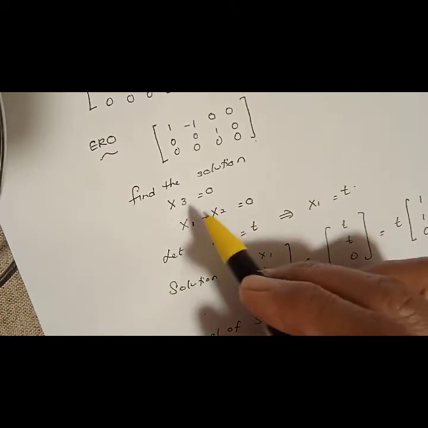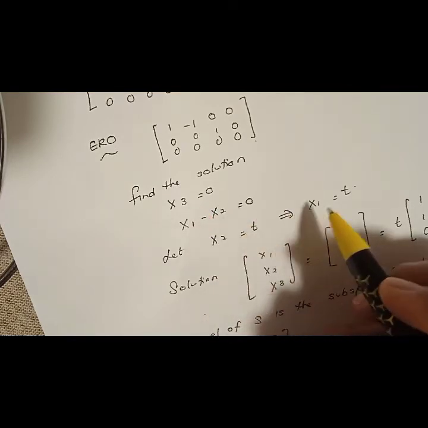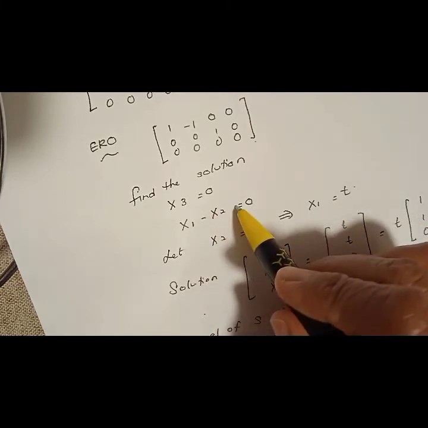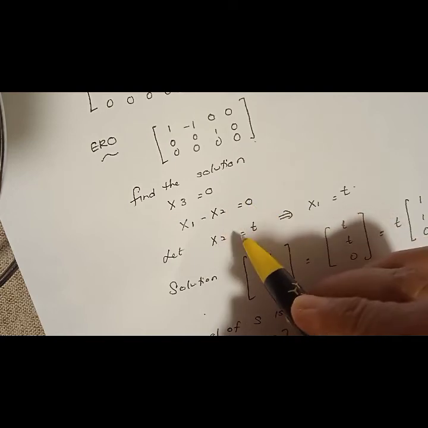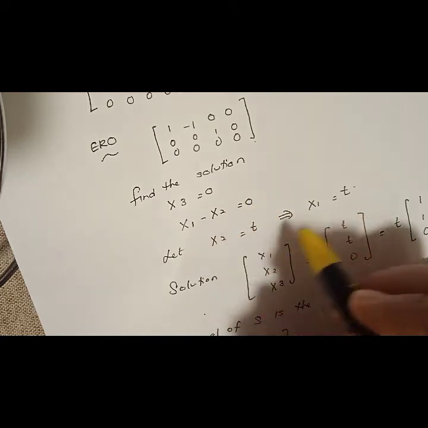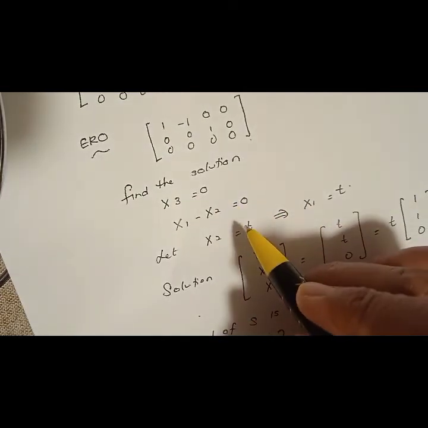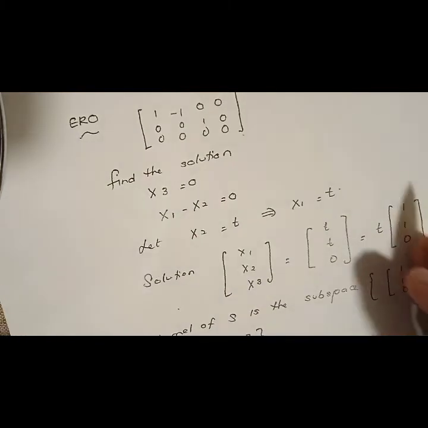So let's set x2 to be t, and x1 is also t, because x1 equals x2. From this equation we have x1 equals x2, therefore when x2 is t, x1 is also t. So we have the solution: x1 is t, x2 is t, and x3 is 0.